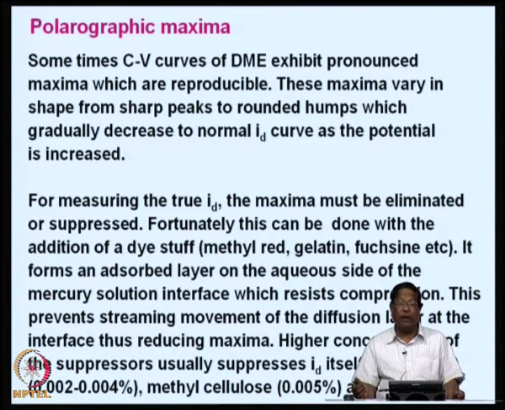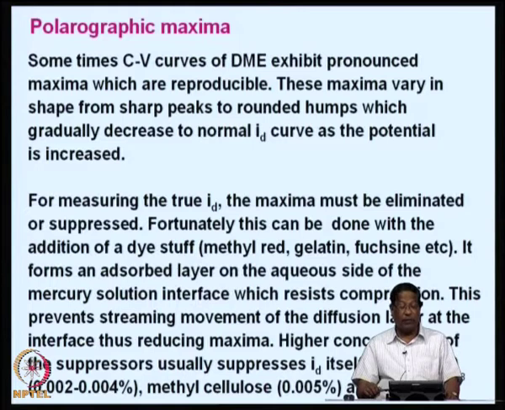Fortunately, we can do this by using a small amount of a dye stuff, methyl red and then fuchsine, etc. You can even use gelatin solution for that matter. What it does is it forms an adsorbed layer on the aqueous side of the mercury solution interface, which resists compression.